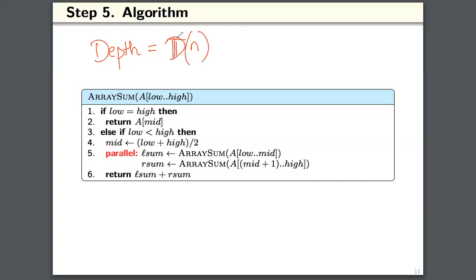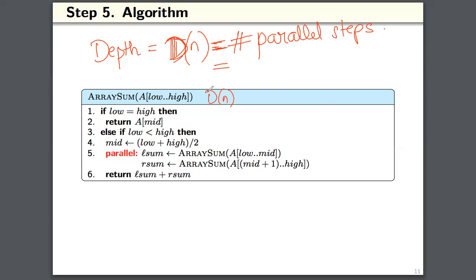We will see. Let's call it D of n. D of n is the time taken to run this algorithm on an infinite processor machine. The meaning of this is the number of parallel steps for the algorithm.